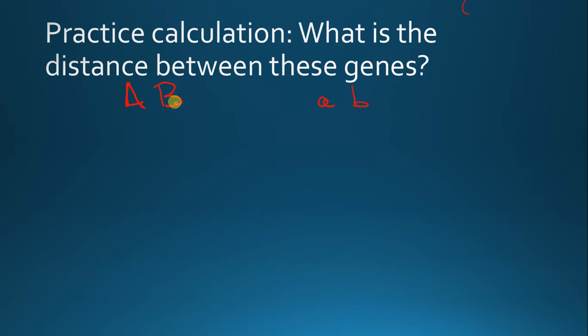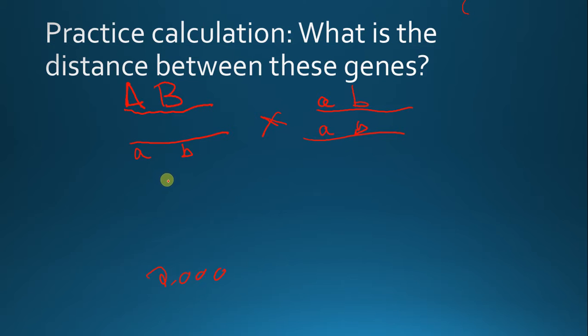So the possible gametes I could have are dominant A, dominant B on one chromosome, and on the other chromosome they're recessive A, recessive B. In this individual they have recessive A, recessive B. We're going to cross them. So dominant A and dominant B are linked, recessive A and recessive B are linked. They have 2,000 offspring.